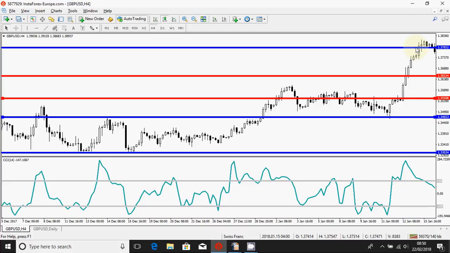In addition to that, support and resistance lines are stronger on a longer time frame. So on a 4-hour or a daily chart, the support and resistance areas are stronger than those of a 5-minute or a 1-minute chart.